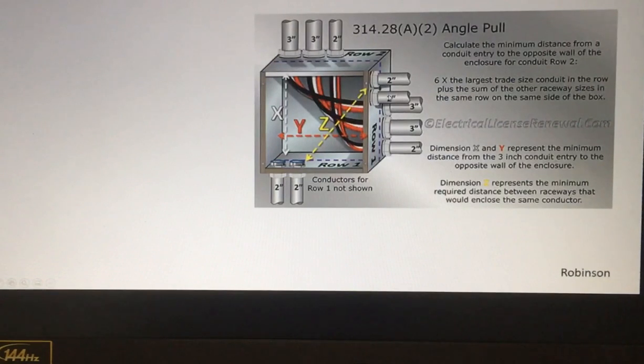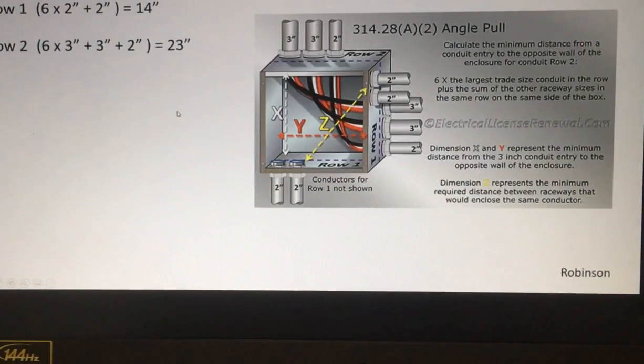Here we have an angle pull. Looking at row 1, you have a 2-inch conduit. 6 times 2 is 12 inches. Row 2, you have 3-inch, 3-inch, and a 2-inch.